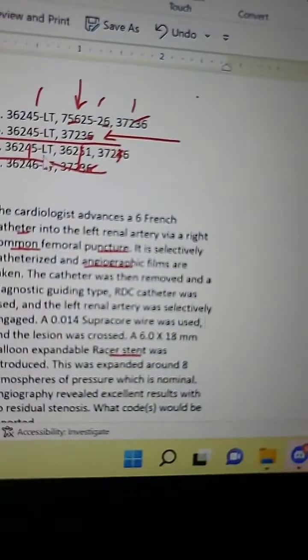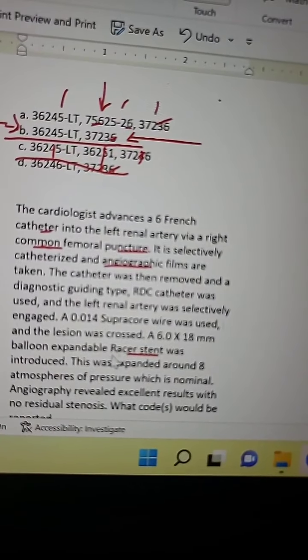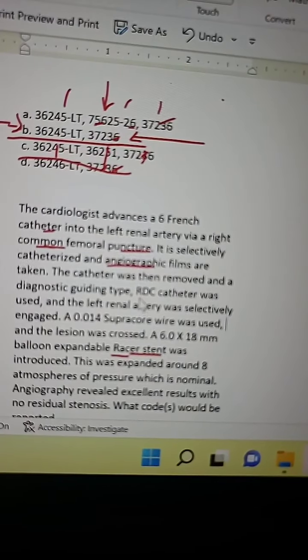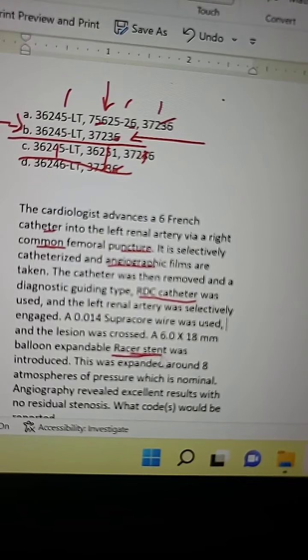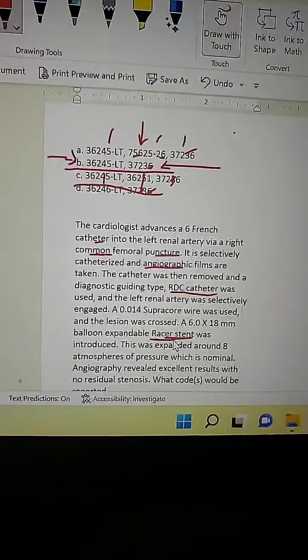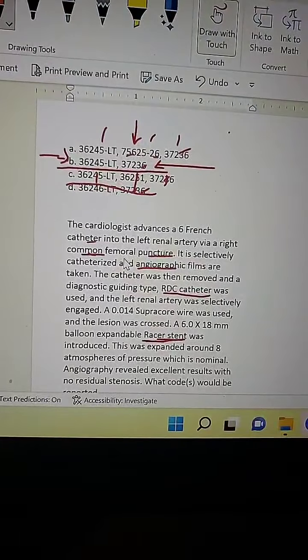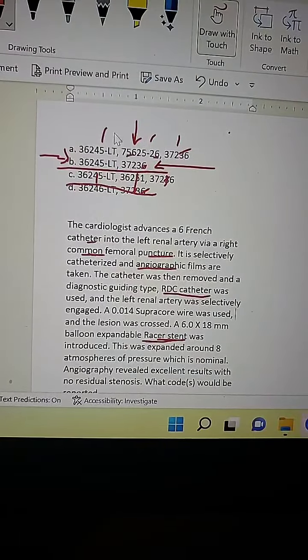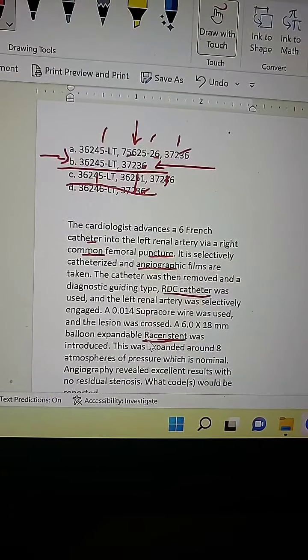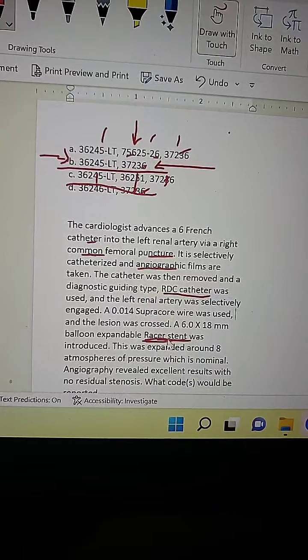So taking things that they have in their own questions and adding them to our CPT codes is super helpful, because even if they switch up this exam question and flip it around, change the answers around, you might see RDC catheter in some questions somewhere, because they're not going to change their complete wording. And you might see racer stent listed in some questions somewhere. Just having what AAPC calls things in your book is super helpful.